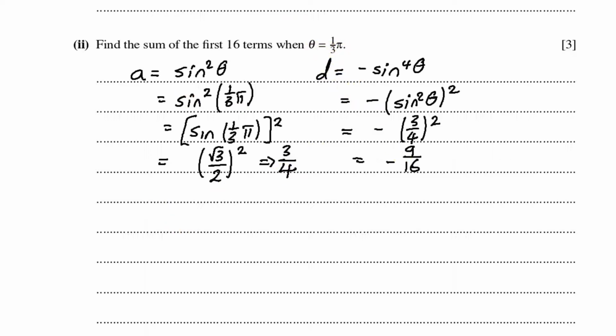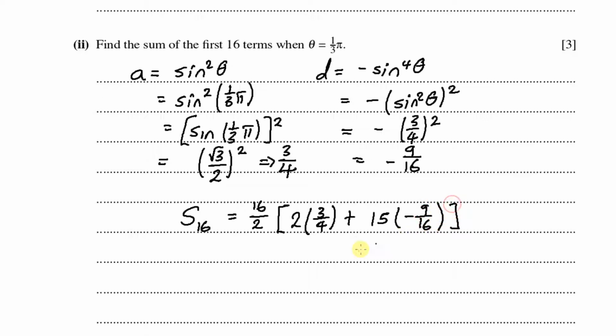So for us now to find the sum of the first 16 terms, we can apply the formula for the sum of terms of an AP. In this case it is going to give us 16 over 2, times 2a, which is now 2 of 3/4, plus n minus 1, where n is 16, so n minus 1 is 15, times d, which is minus 9 over 16.